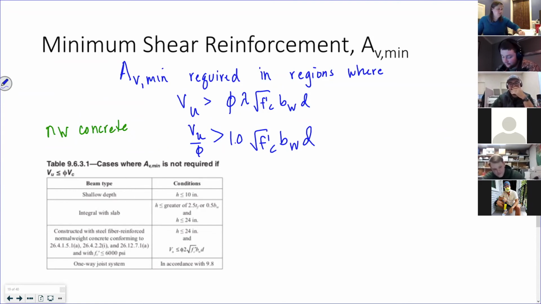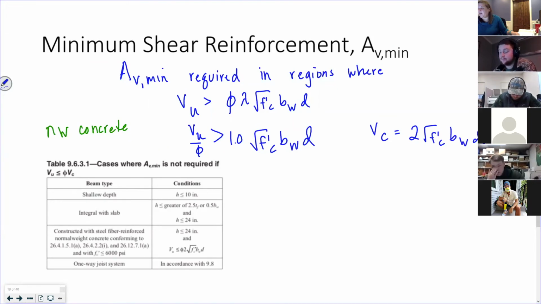Two slides ago, I said that Vc, if I have normal weight concrete and no axial load, is 2 square root f prime c bw d.